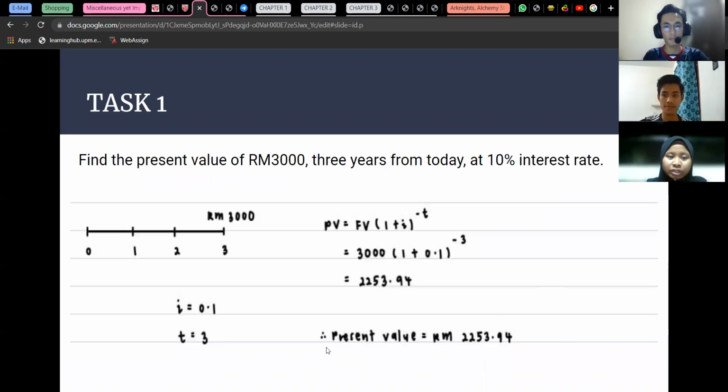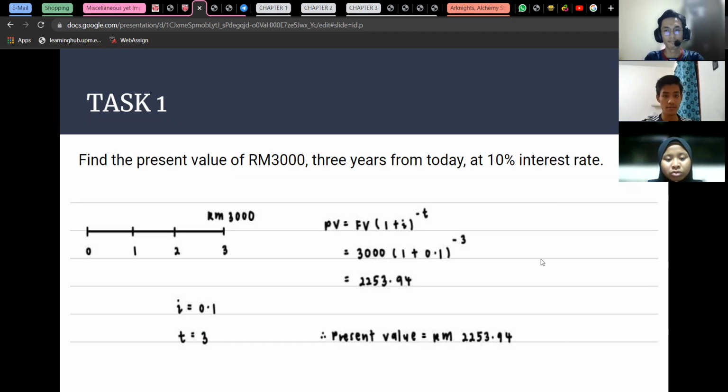Okay, so for task 1, the question is find the present value of 3,000 ringgit 3 years from today at 10% interest rate. So from this question, we can know that the T is 3 years and the I, which is interest, is 10%, 0.1. So we want to find the present value. We put it into the formula.